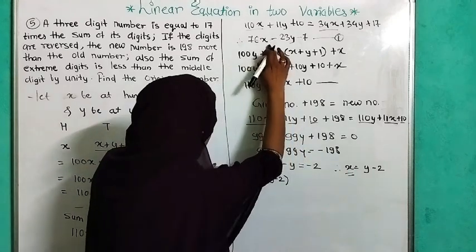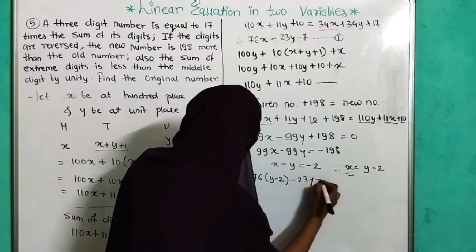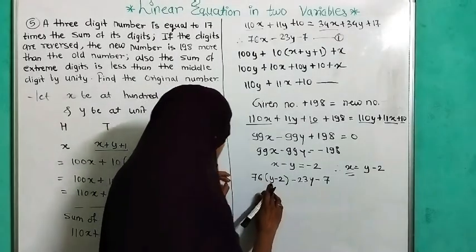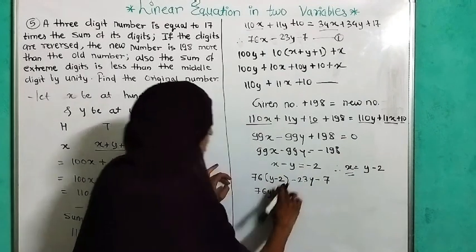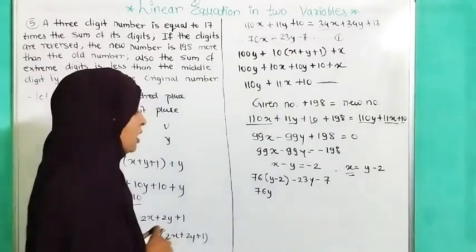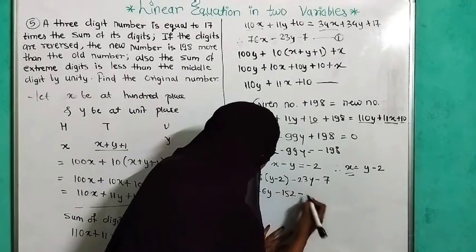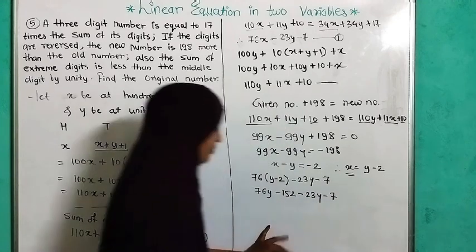So 76 into y minus 2 minus 23y minus 7. Then what are we going to get? 76y, and 76 into 2 is 152, so minus 152 minus 23y minus 7.